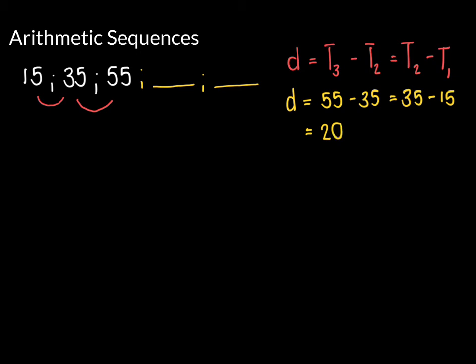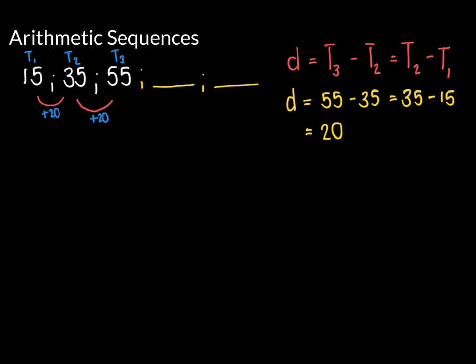So what happened here is on the first day, she cycled 15. So T1 is day 1, and T2 over here is day 2, T3 is day 3. So after day 1, she cycled 15 kilometers, and then she added 20 kilometers to get to 35 kilometers. On day 3, she added another 20 kilometers.